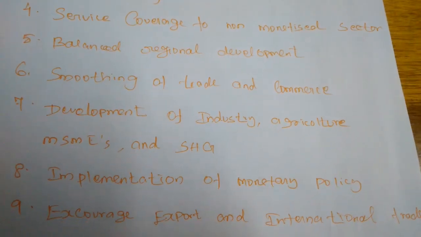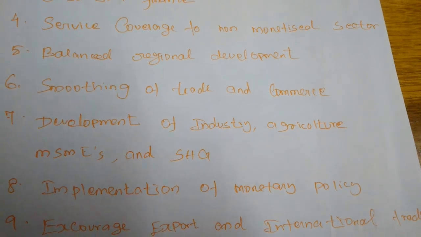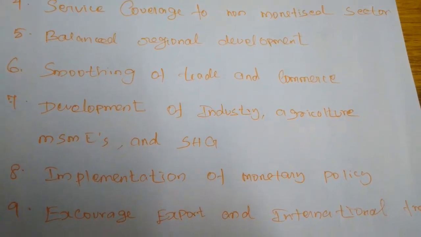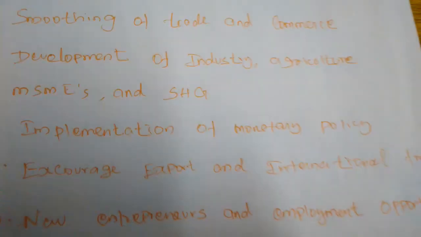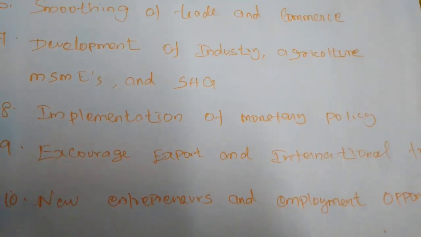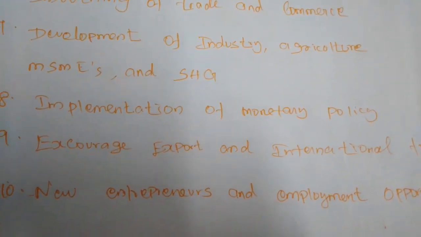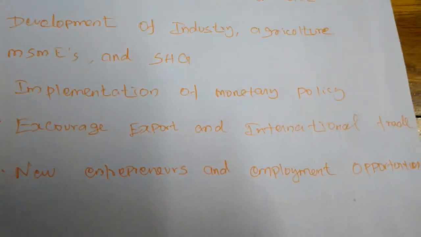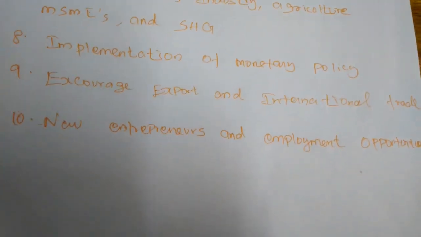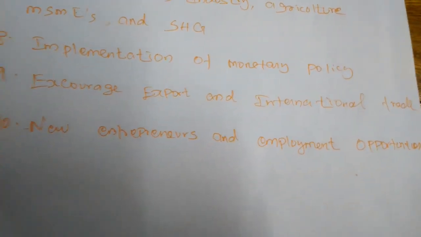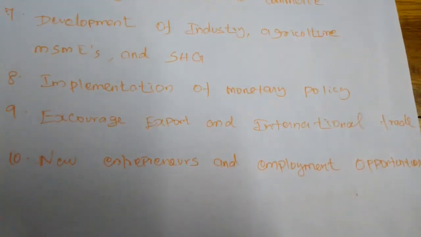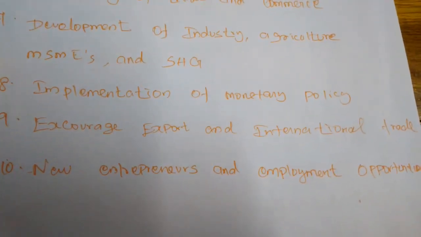Next, balanced regional development, also created by the commercial bank only. Next, implementation of monetary policies, which reach the public through the commercial banks only. Next, encourage export and international trade. Next, new entrepreneurs and employment opportunities, also arranged by the commercial banks only.